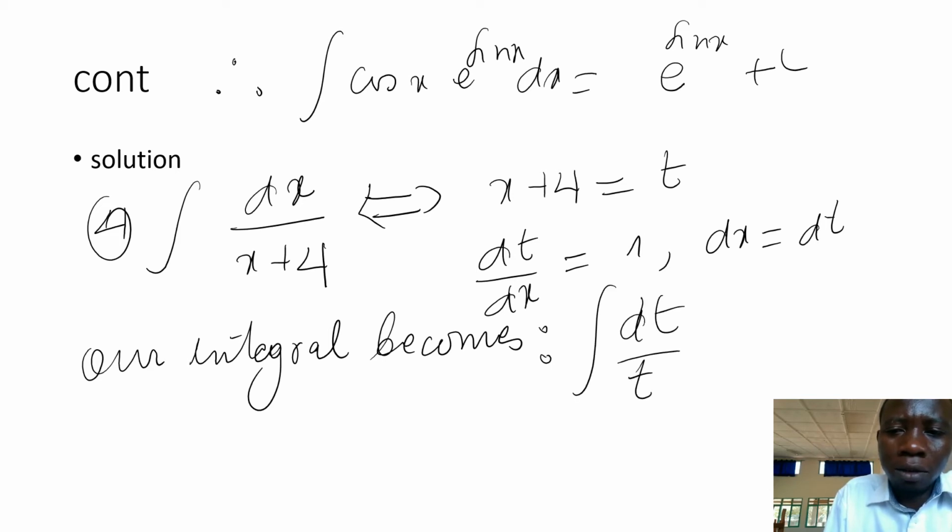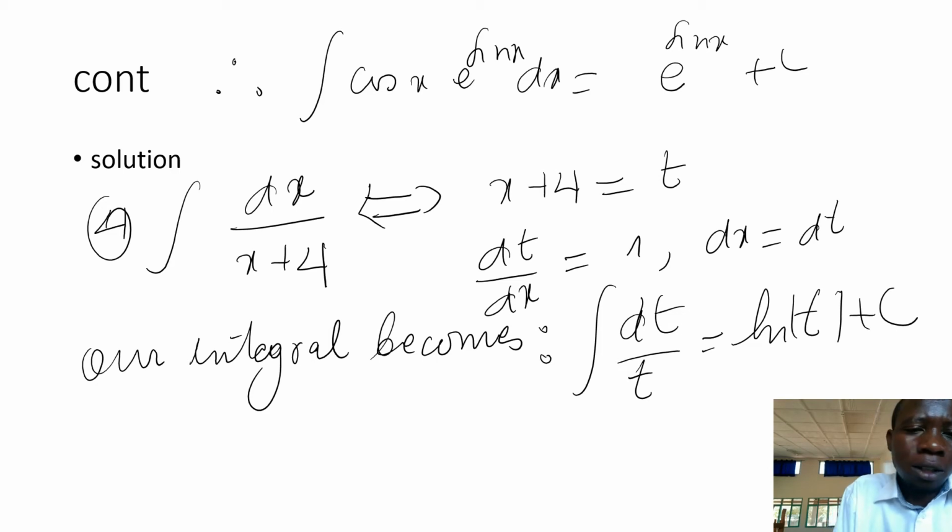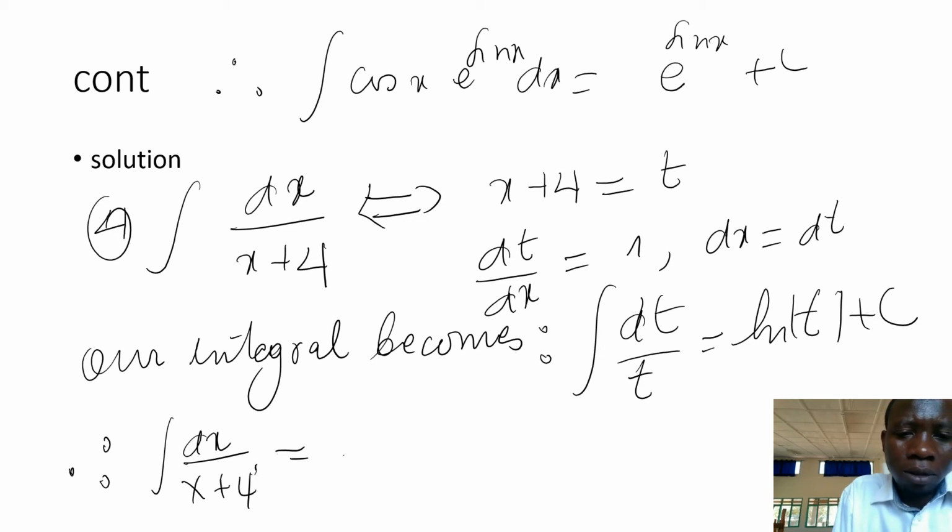Remember that the integral dt over t is equal to ln t plus c. Therefore, our integral dx over x plus 4 is equal to ln of x plus 4, plus the constant.